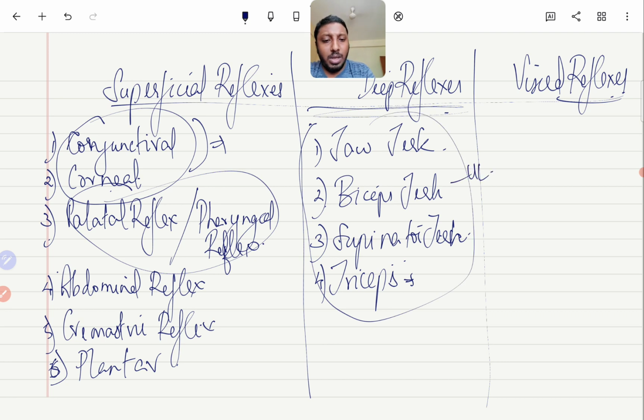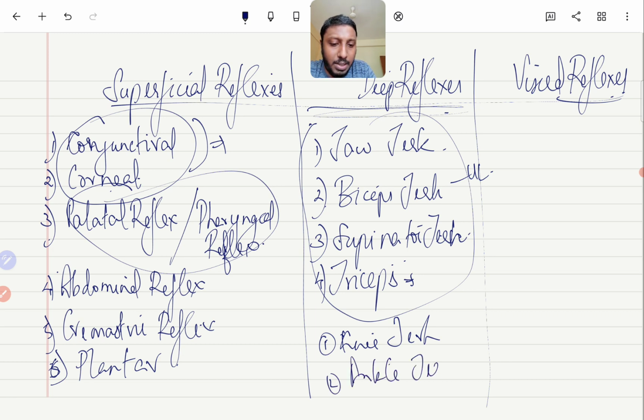Then the lower limb: what are the things? Knee jerk and ankle jerk. For the knee jerk, you take the knee and hit the tendon here. This is the tendon of the quadriceps femoris.